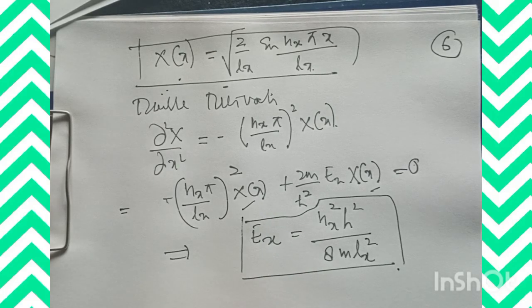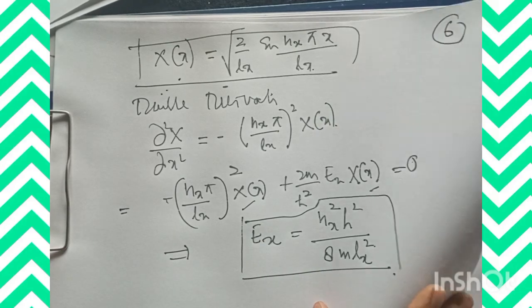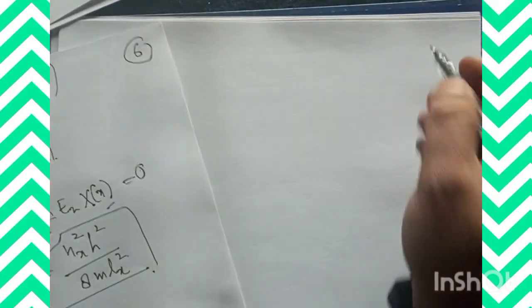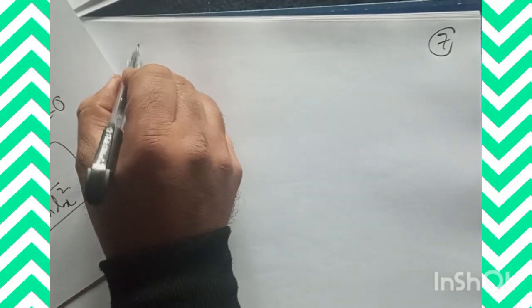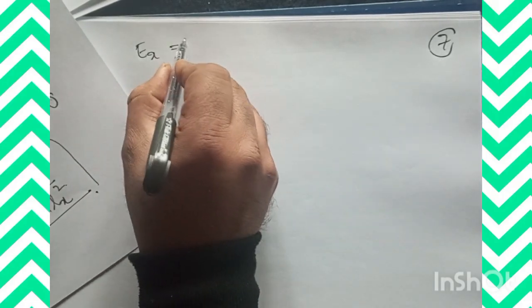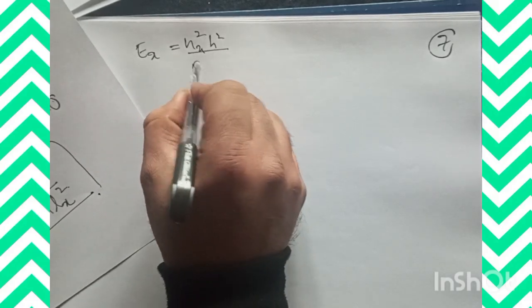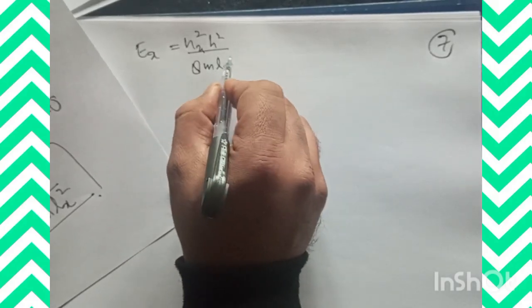In a similar fashion, we can solve the y part of the wave function, and the z part. By symmetry, Ex is nx square h square by 8m Lx square.